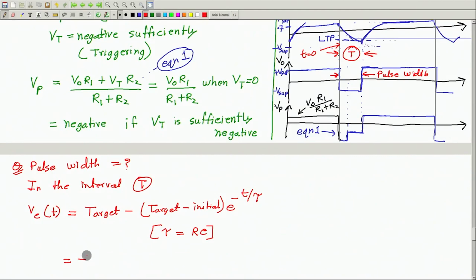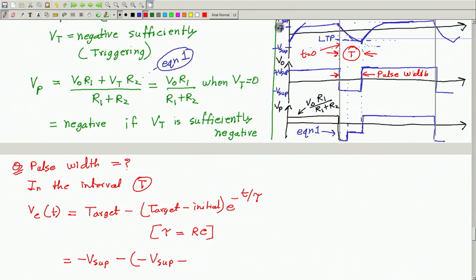And here we write the initial voltage as 0.7 volt, or in general VDF, the forward voltage drop of the diode, whole multiplied by e to the power minus t by tau.